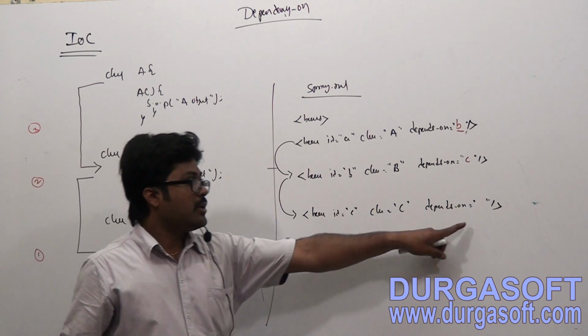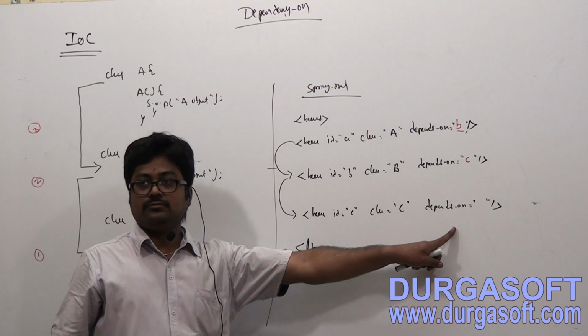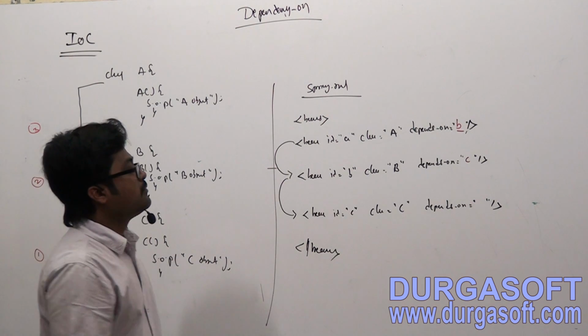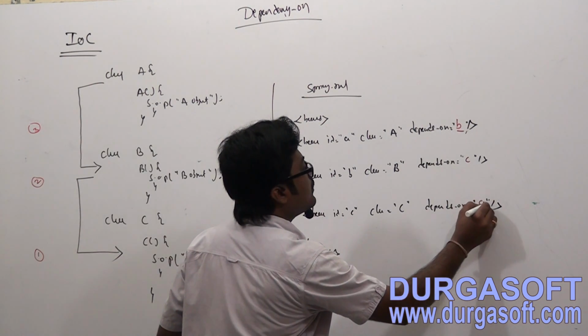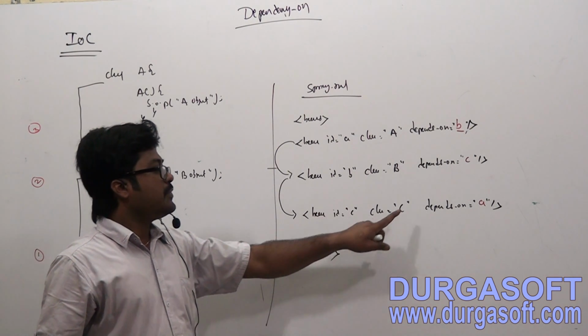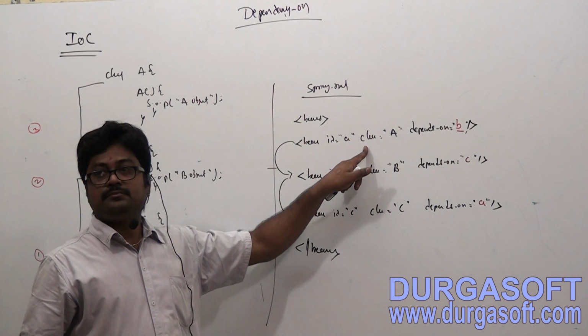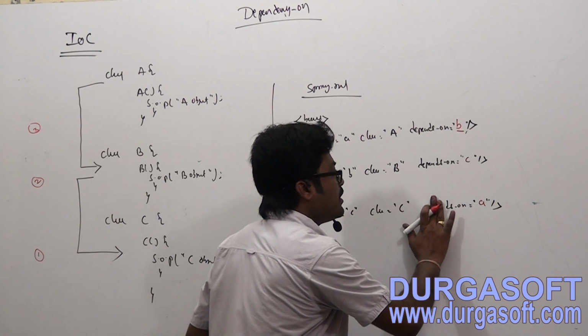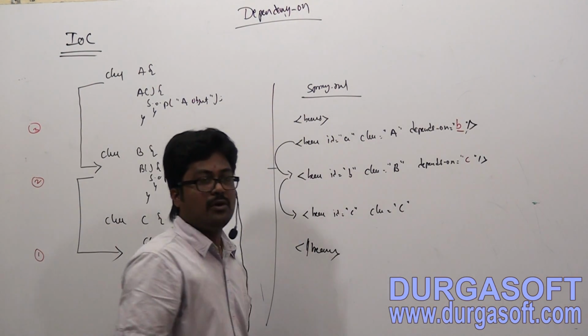Again, if you apply depends on A, we should not apply. Okay, A has a dependency on B, B has a dependency on C. Again if C depends on A, okay, if they have mutual dependencies, then it is not possible to create objects.